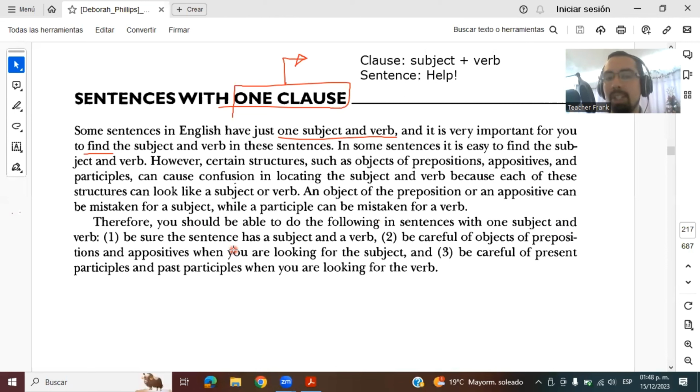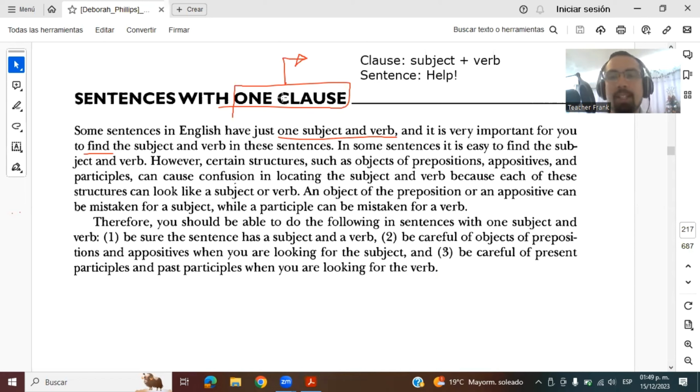First, be sure the sentence has a subject and a verb. This is very basic. 2, be careful of objects of preposition and appositives when you are looking for the subject. This is skills 2 and 3. And be careful of present participles and past participles when you are looking for the verb. We're going to see this in skills 4 and 5, okay?